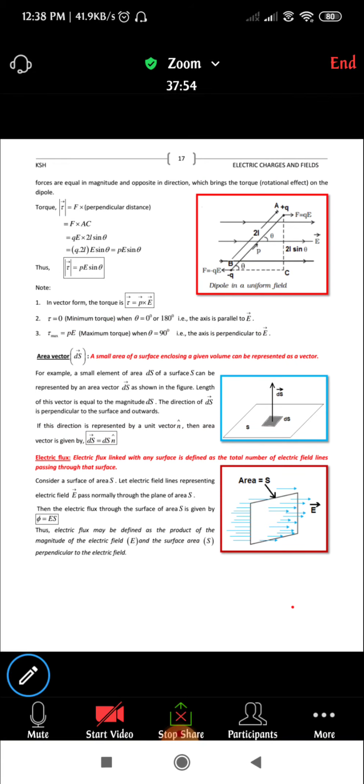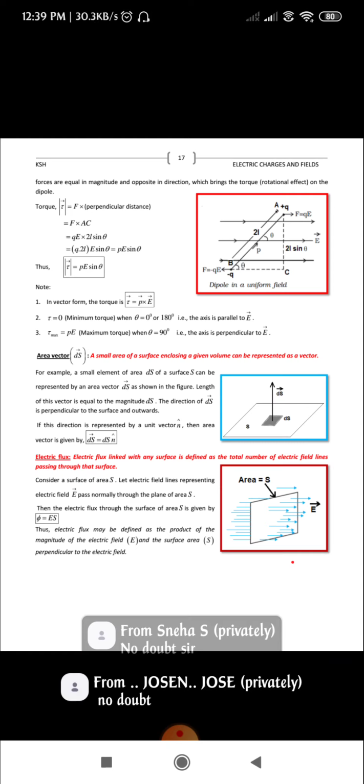Srijan, no doubt. How about others? Harshita, we know that. Nikhil, no doubt. Sneha, Josen, okay, fine, good.